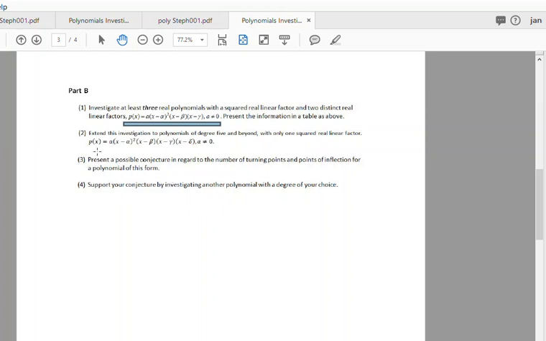B part 2: extend the investigation to polynomials of degree 5 and beyond, with only one squared real linear factor. See if your conjecture holds, and maybe you need to write a modified conjecture. And remember, the conjecture is in general.